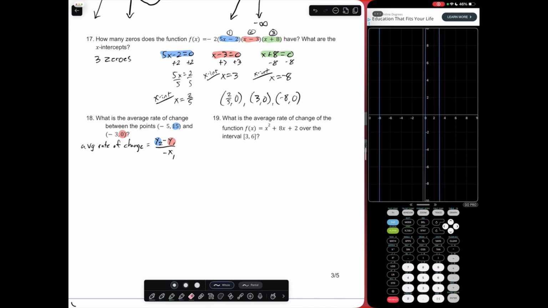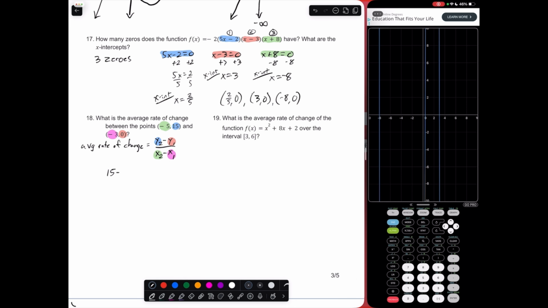And then your x's have to match up with your y. So x2 has to go with y2. And x1, again, x1 has to go with y1. So just make sure those are matched up.